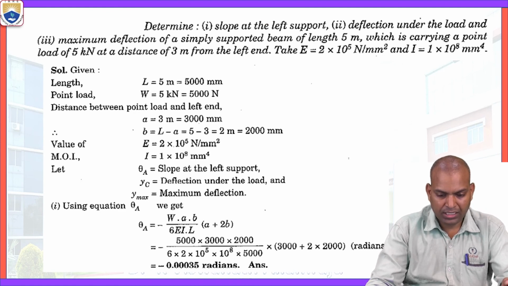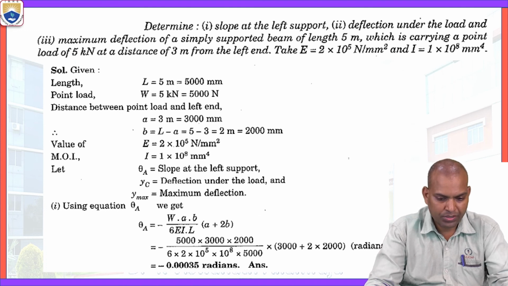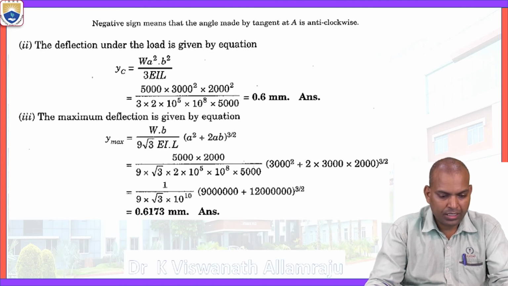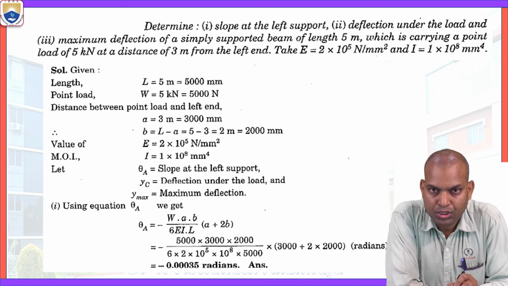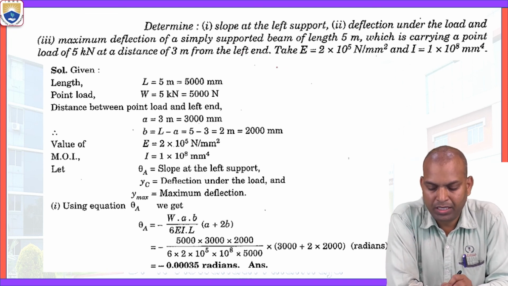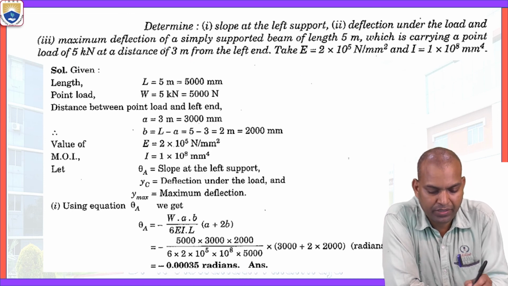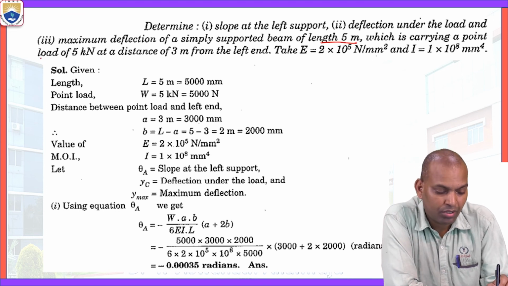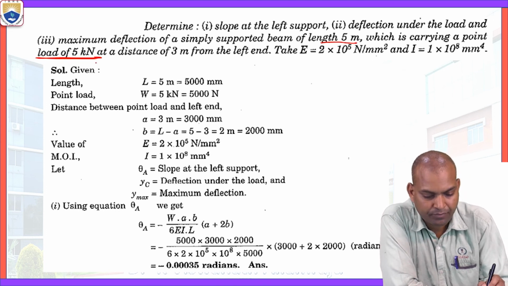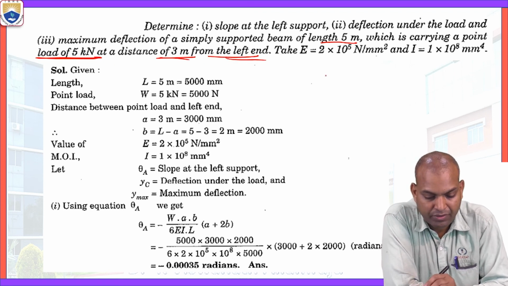Let us find out how to apply those formulae in solving problems. Determine the slope at the left support and deflection under the load. The third objective is the maximum deflection of a simply supported beam of length 5 meters, carrying a point load of 5 kilonewtons at a distance of 3 meters from the left end.